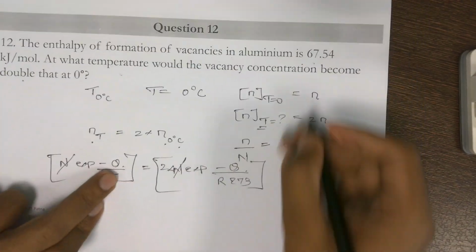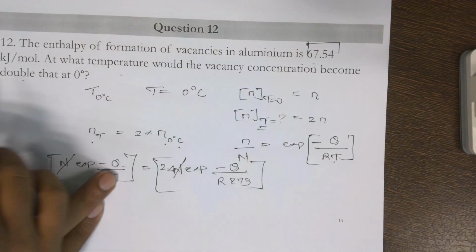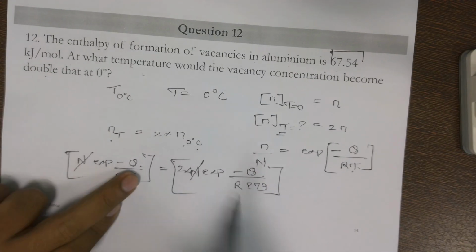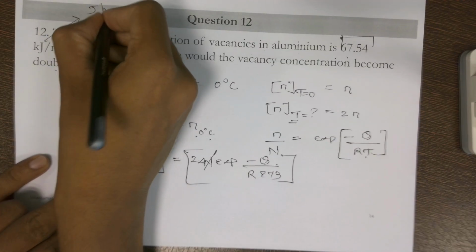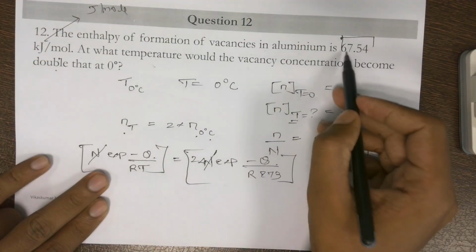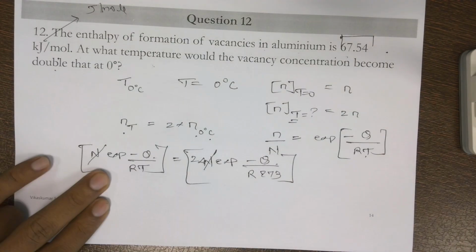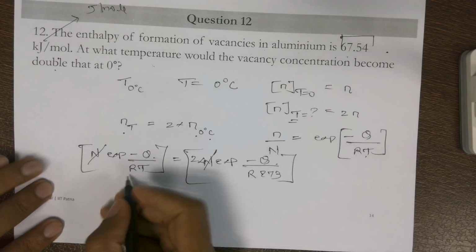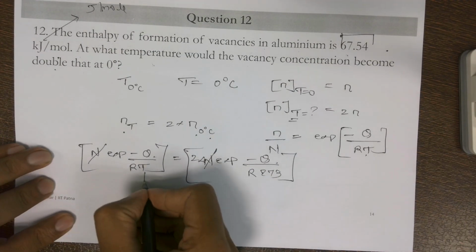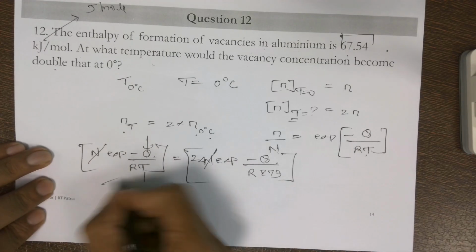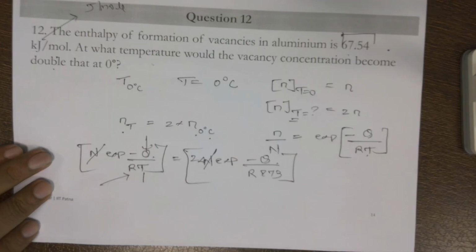The value of Q is given to us: 67.54 kilojoule per mole. Whenever we do the calculation, we'll convert kilojoule per mole to joule per mole by multiplying by 10 to the power of 3. Very easy. In this particular equation, what is the unknown? The unknown is the temperature. Q we know, the value of R we know, 8.314.